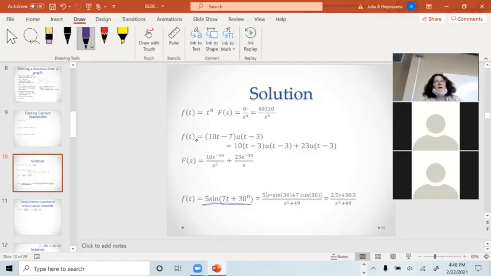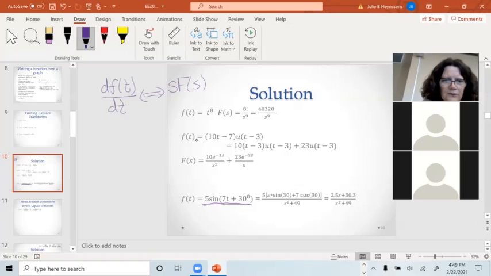One thing that I still find a lot of use for is this property that the transform of d f of t over dt is s F of s minus little f of 0. The reason why I like this one is because it makes it so I don't have to do calculus.